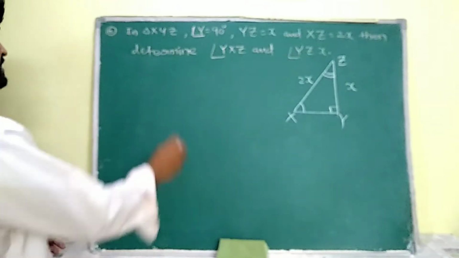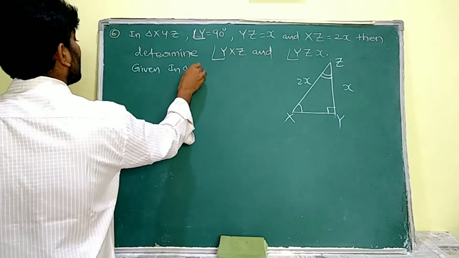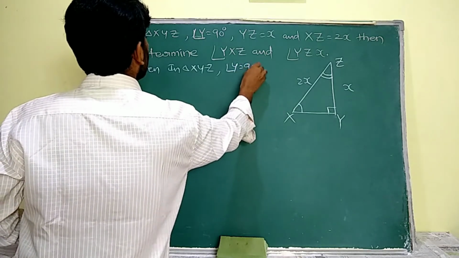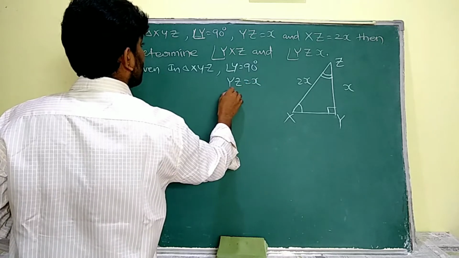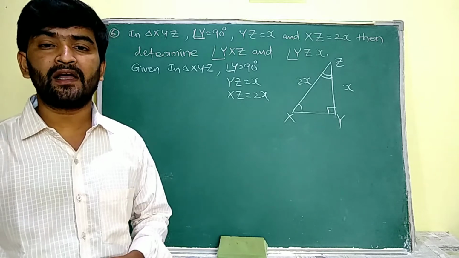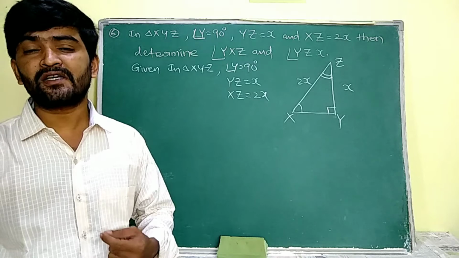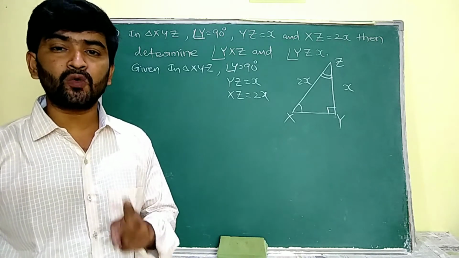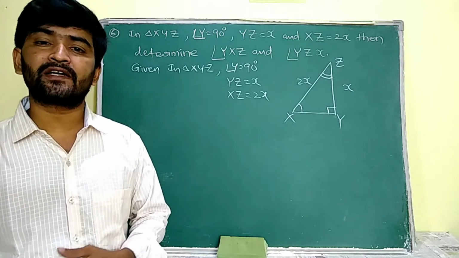Firstly you have to write the given: in triangle XYZ, angle Y is equal to 90 degrees, YZ is equal to X, and XZ is equal to 2X. A similar problem we discussed in the examples. We already know that in a triangle, if we know two values, then we can find any other value related to the triangle.